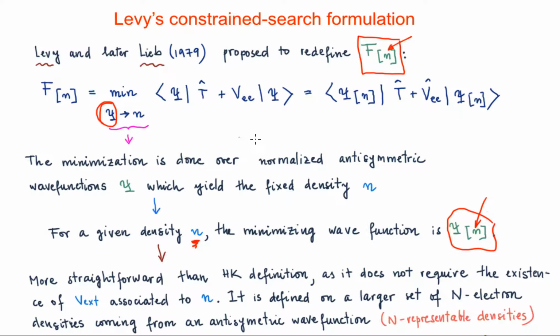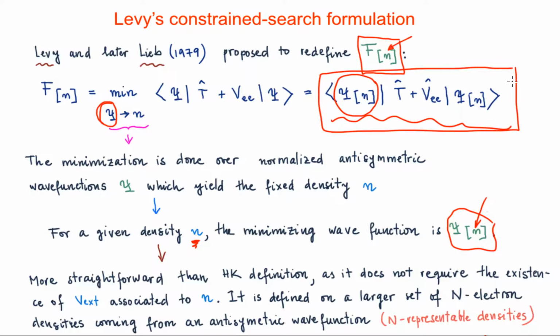Therefore, we can write this in the following way, where this is the wave function that minimizes that for a given fixed electronic density. And therefore, this defines a functional which depends on the electronic density.